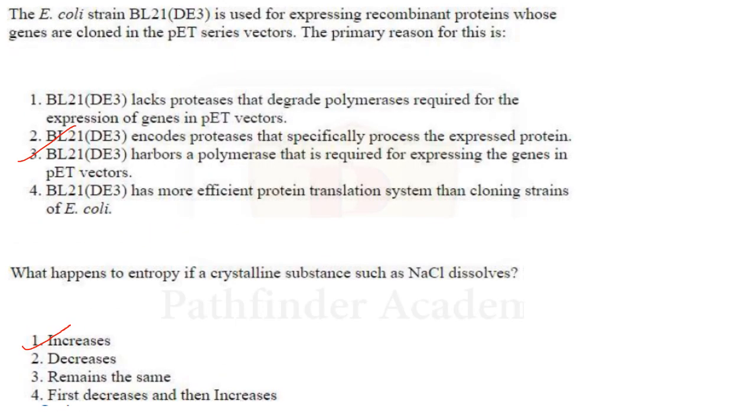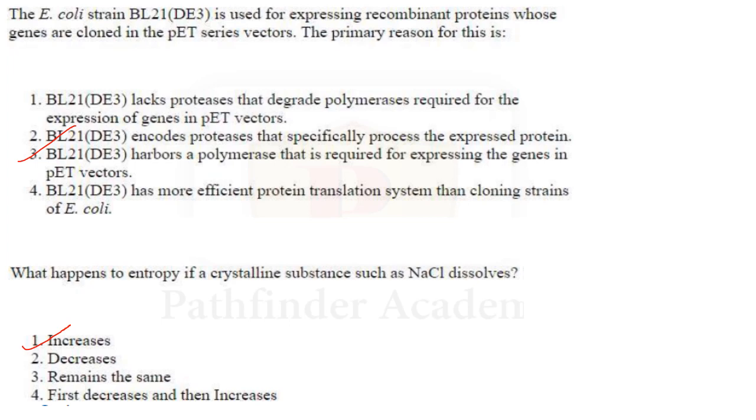Then next one. The E. coli strain BL21DE3 is used for expressing recombinant proteins whose genes are cloned in the pET vector series. The primary reason for this is BL21DE3 lacks protease that degrade polymerases required for the expression of genes in pET vectors. That is not true.